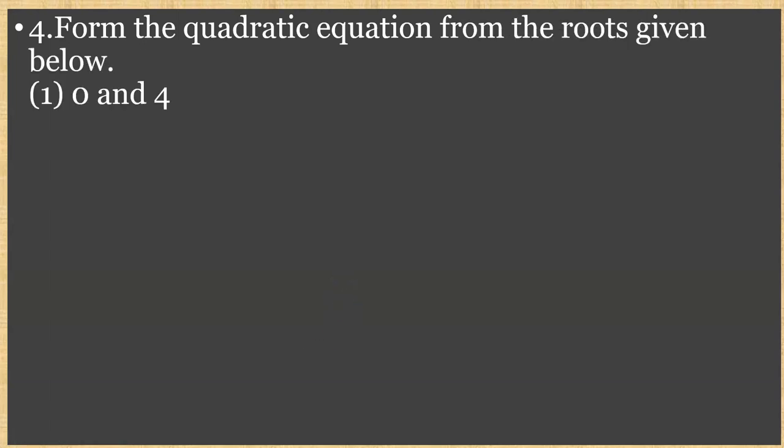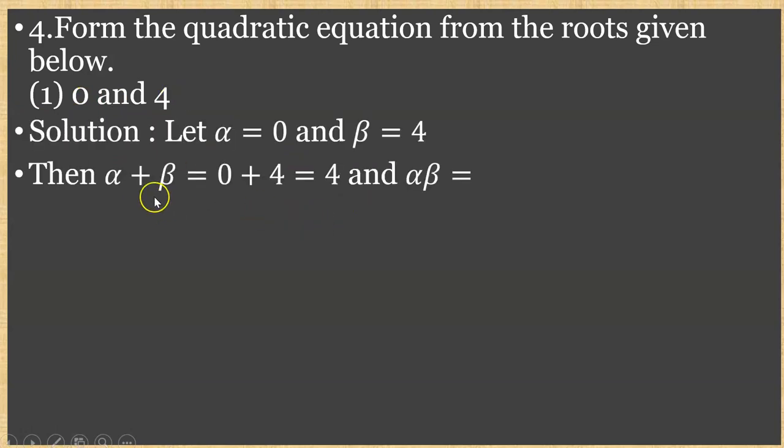Now, form the quadratic equation from the roots given below: 0 and 4. These are the roots. Alpha is 0, beta is 4. Alpha plus beta, 0 plus 4 is 4. Alpha into beta, 0 into 4 is equal to 0.